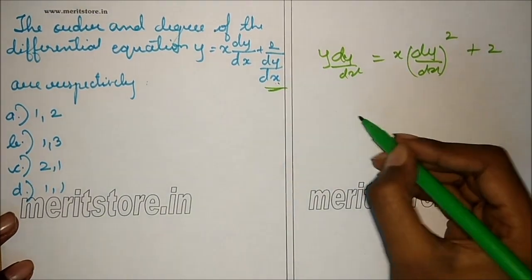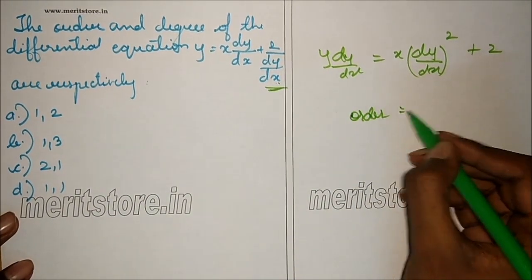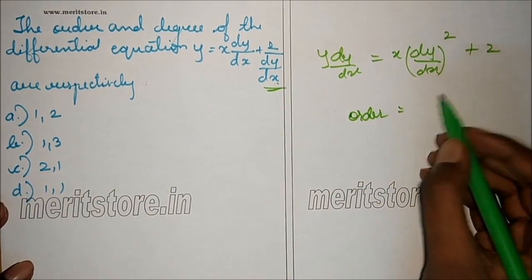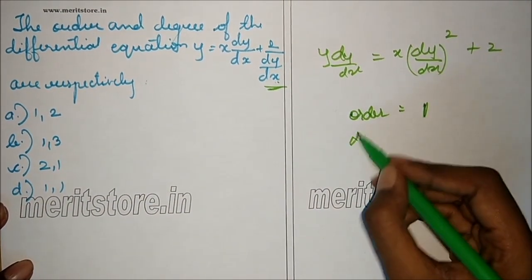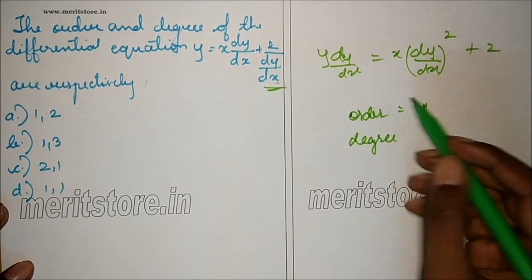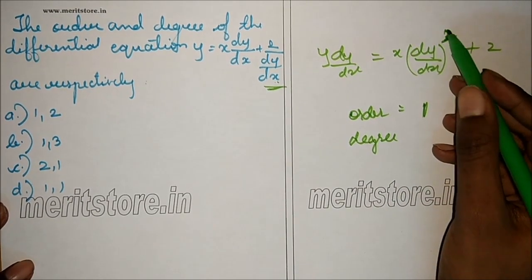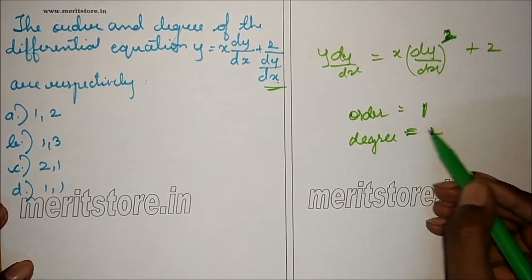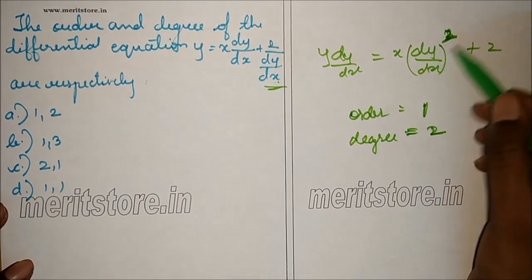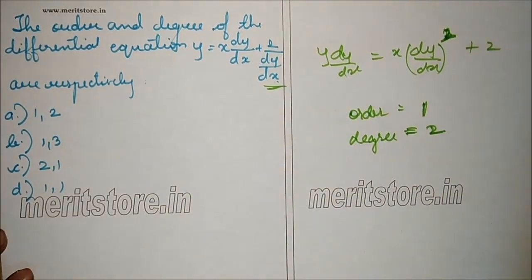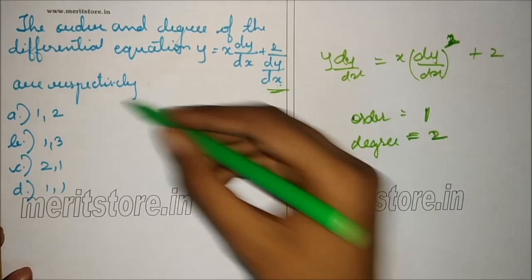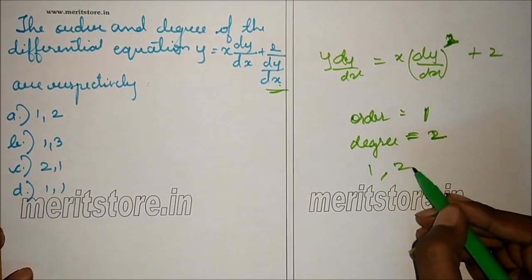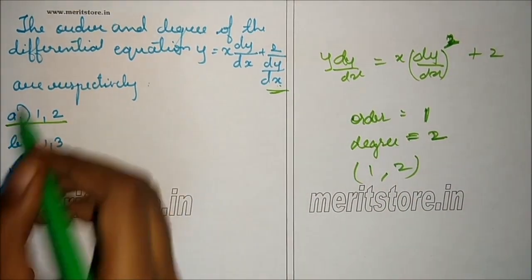So here the order, the highest order of the derivative, is 1, and the degree, which is the power of the highest order derivative, is 2. So order is 1 and degree is 2. So the answer is A, 1 comma 2.